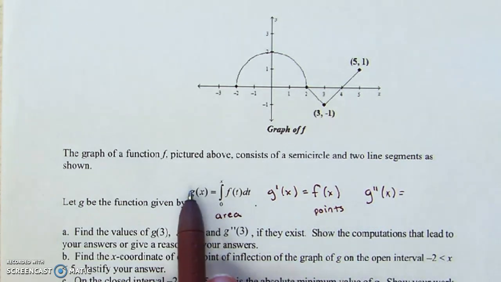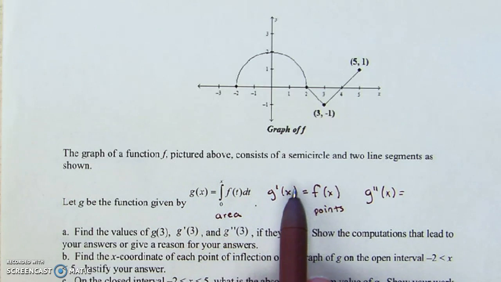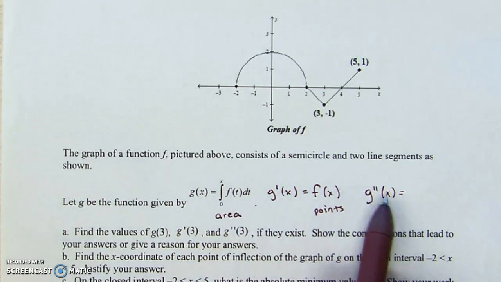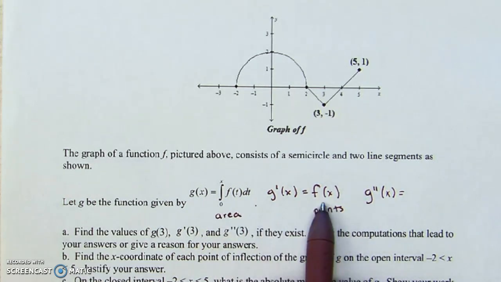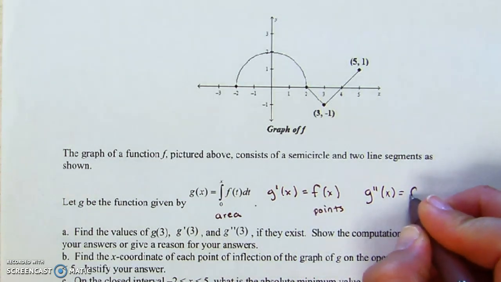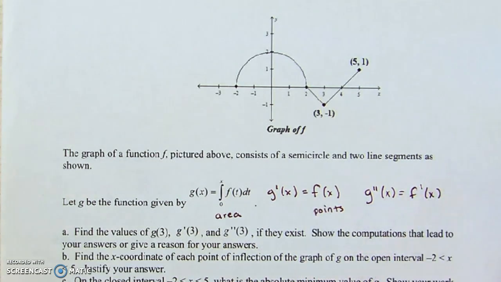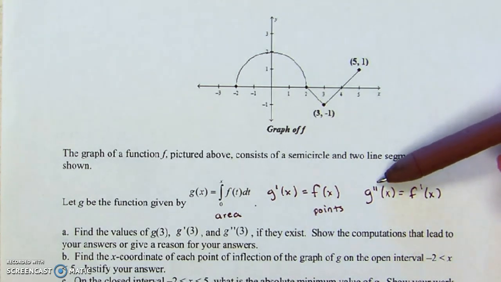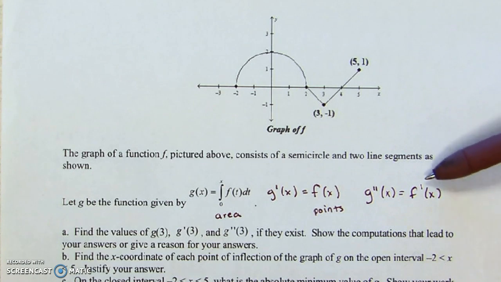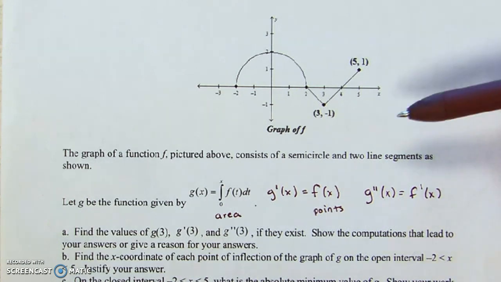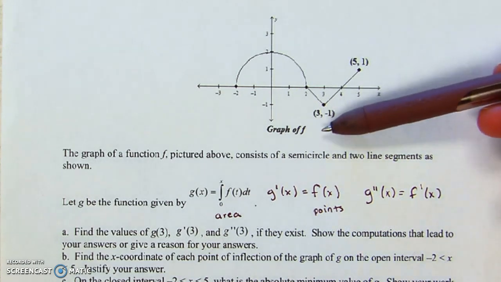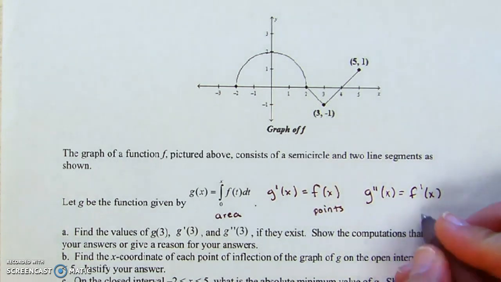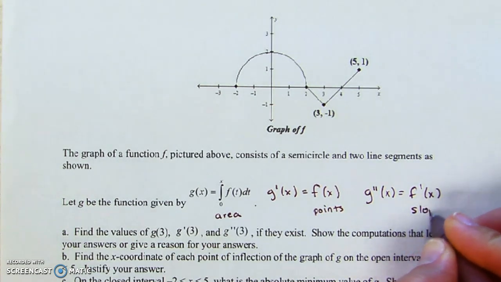So we're doing the derivative of both sides, and the second derivative will be the derivative of this and this. So this f becomes f prime of x. So anytime they ask a question about g double prime, we're looking at f prime, which means we'll be looking at the slope of f. It's like a puzzle. So this is going to be slope, like that.